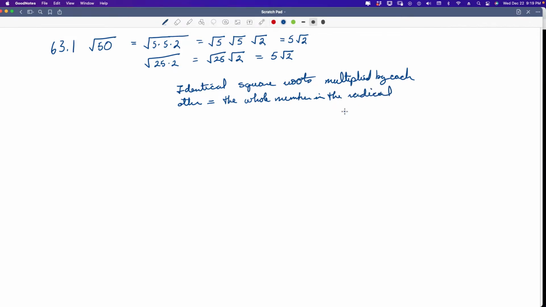Let me give you an example of why that's true. If I were to say the square root of 4 times the square root of 4, I could say that equals 4. These are perfect squares. Square root of 4 is 2. Square root of 4 is 2. 2 times 2 equals 4.